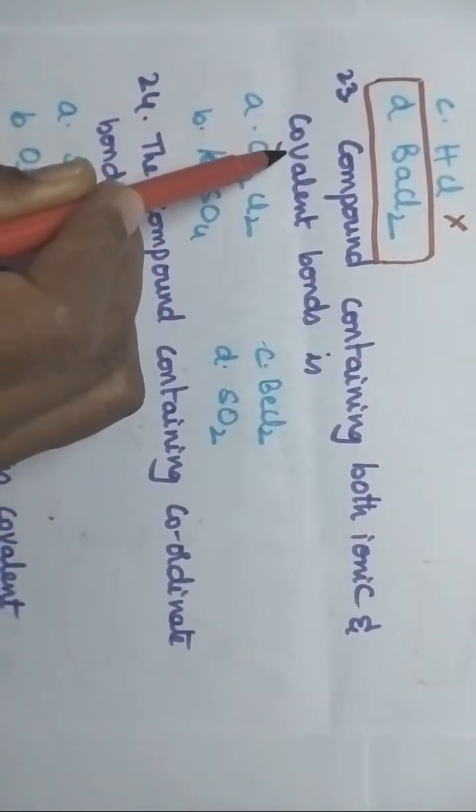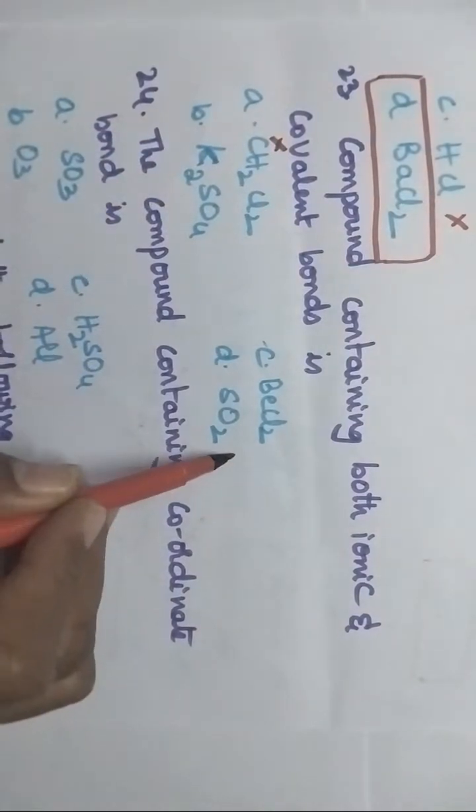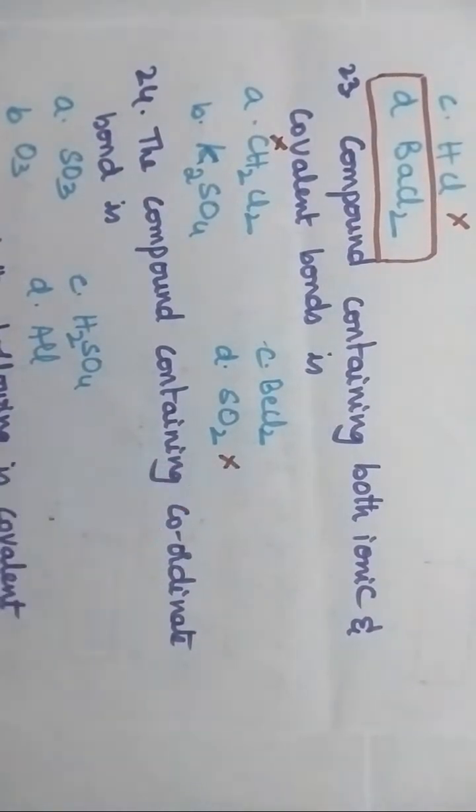Carbon is present means it contains only covalent bond. SO2 contains covalent bond. So you have to identify between B and C which one contains both ionic and covalent bonds.